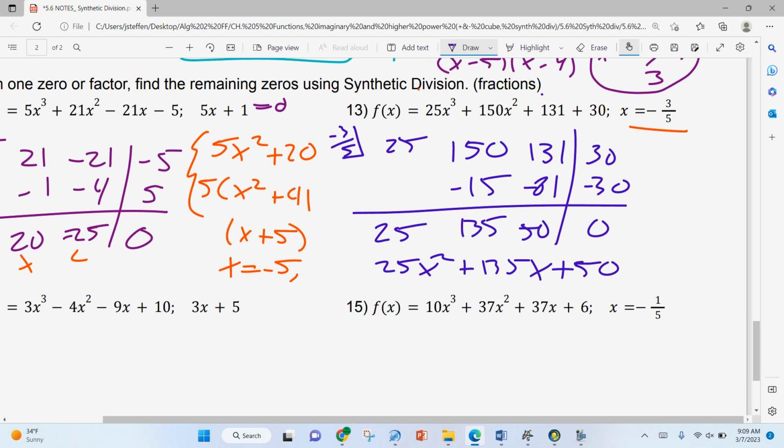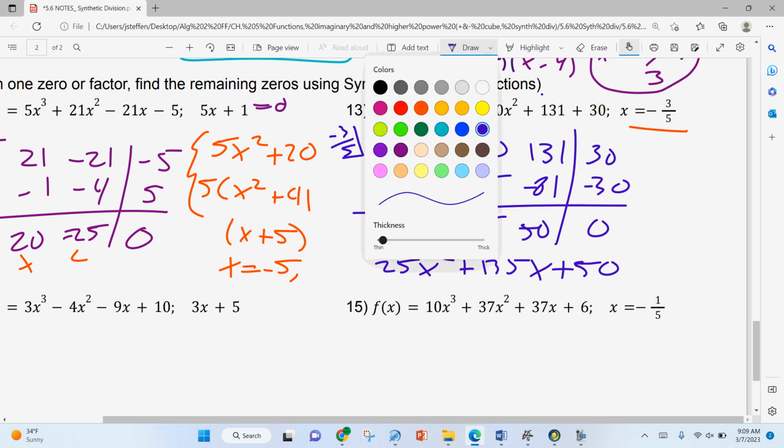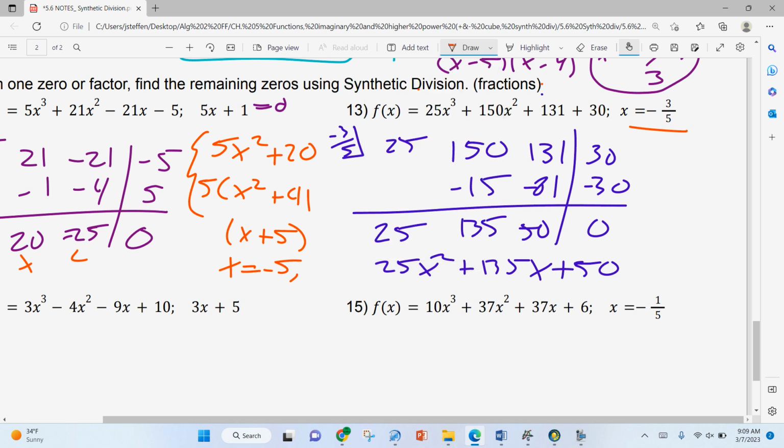Now, I'm not saying you can factor out 25 from everything, but you can at least factor out a 5 from all those. I factor out a 5. I'm going to squish it down here. We get 5x squared plus 27x plus 10, since 135 divided by 5 is 27.